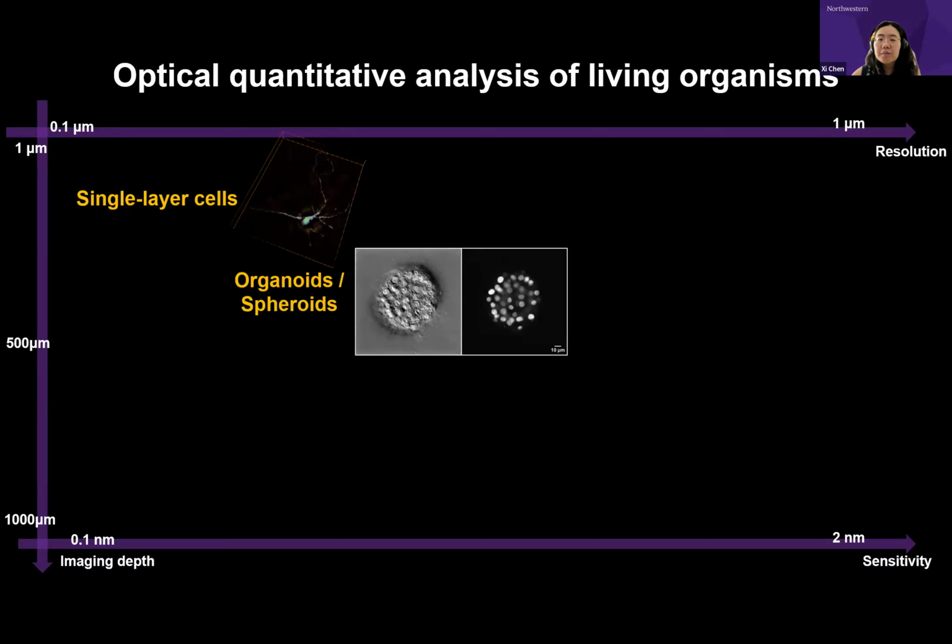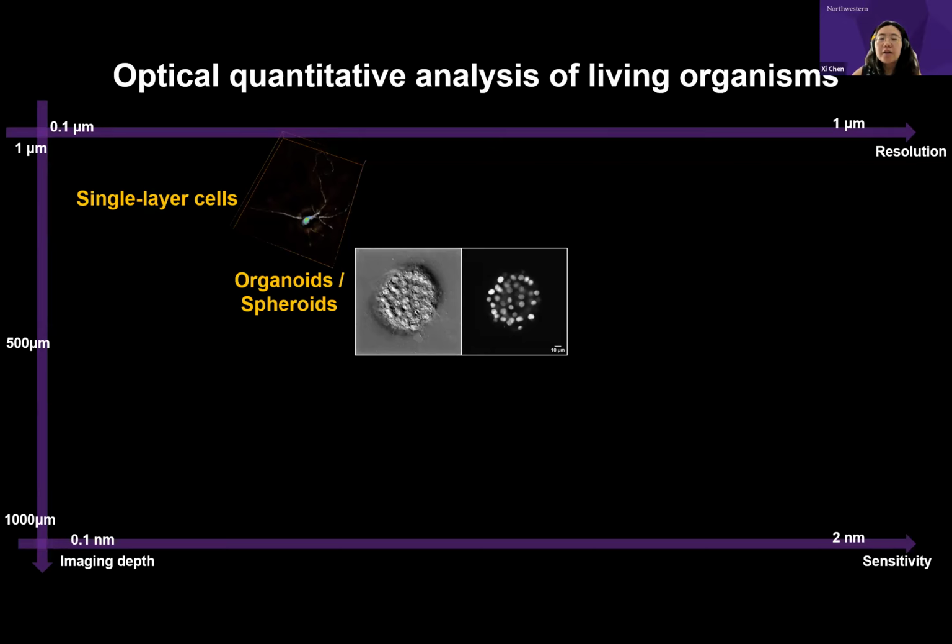We also want to develop systems that are suitable for organoid and spheroid imaging, which has gained a lot of interest compared to 2D single layer cells for drug discovery and other applications. Those organoids are about hundreds of microns to a millimeter, and they are spherical shaped.